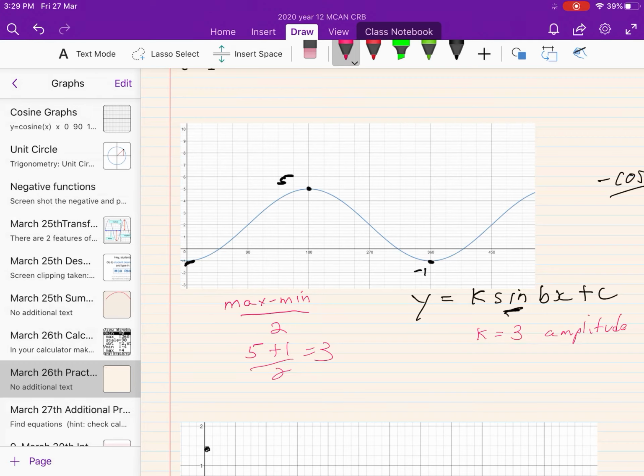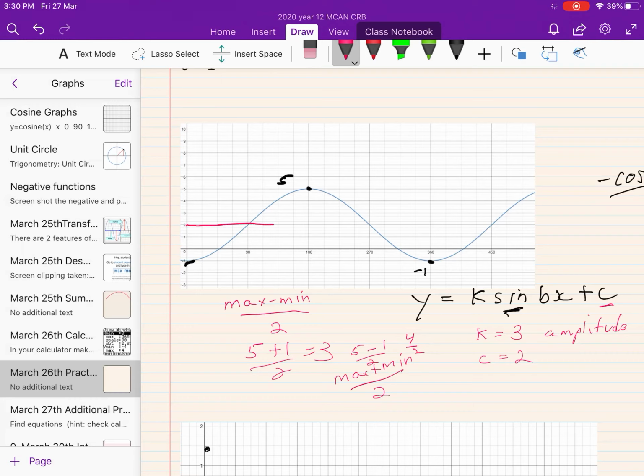Okay, now what else do we need? We need b or c. Let's try c. C is the max plus the min divided by 2. So that's going to be 5 minus 1 all over 2, which is 4 over 2. So C is 2. That's where my line of symmetry is.